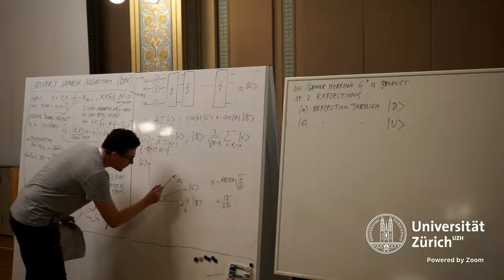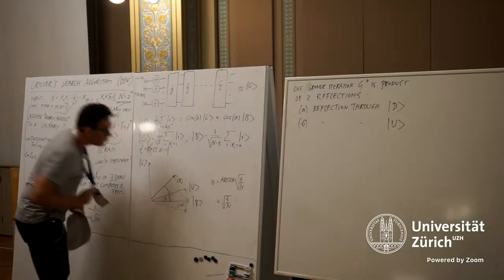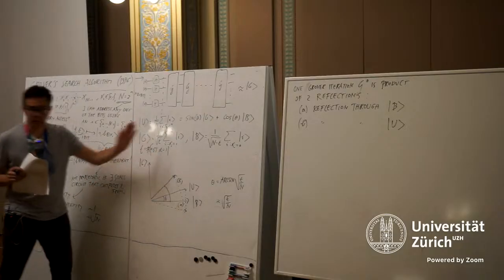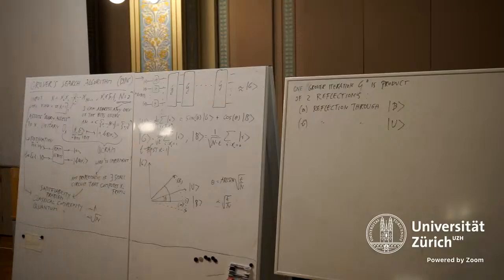Now let's ask ourselves, what is the new angle that we have created with the horizontal axis? Question to you to see if you're following. Initially this angle was theta. Now we messed around with our state. We did two reflections. What is the new angle going to be? My picture suggests that it's bigger than the original theta, but how much bigger is it?